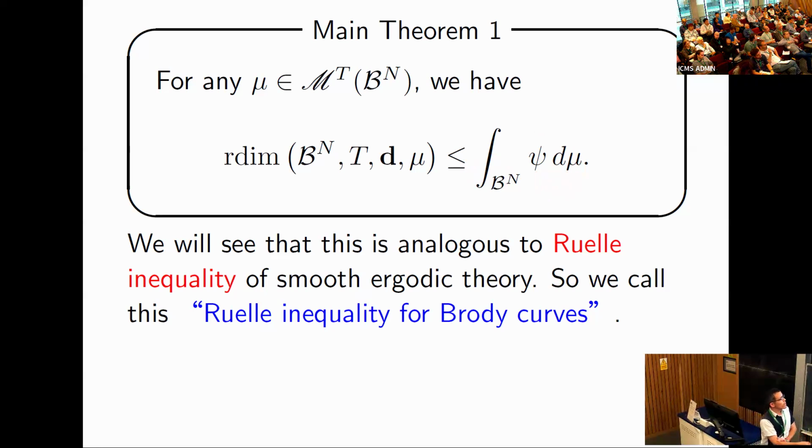And we will see later that this inequality is somewhat analogous to Ruelle inequality of smooth ergodic theory. I want to call this inequality Ruelle inequality for Brody curves. This is the main theorem 1.